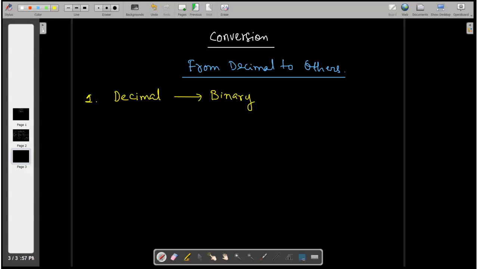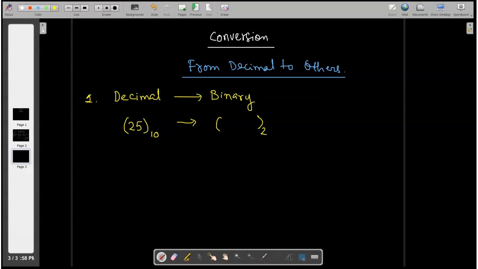When we are taking a decimal number, we write it with a base of 10. So suppose I'm taking a decimal number 25. How do I write it? Like this, base 10. And when we write a binary number, we write it within bracket, base 2. Alright, so we have to convert this decimal number into a binary number.